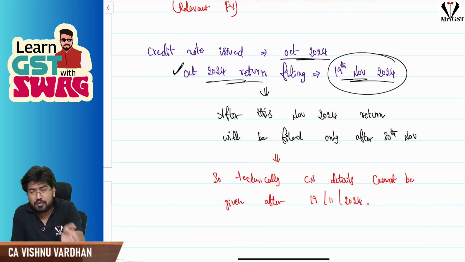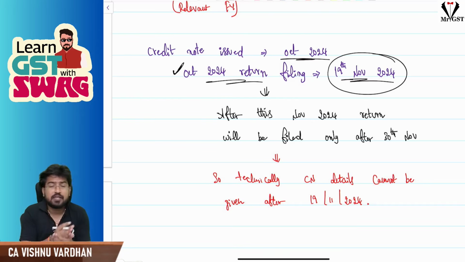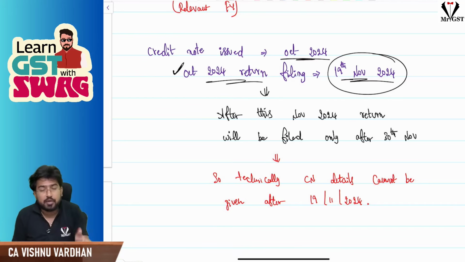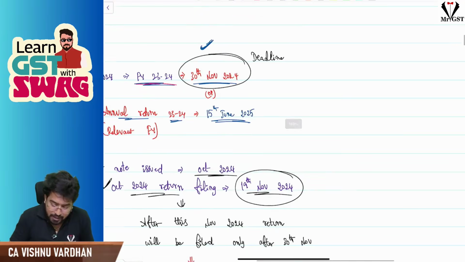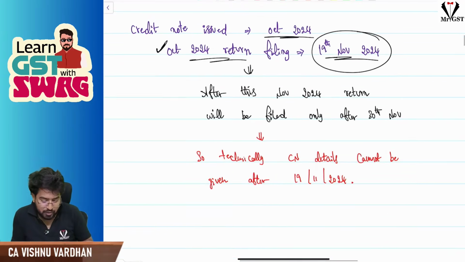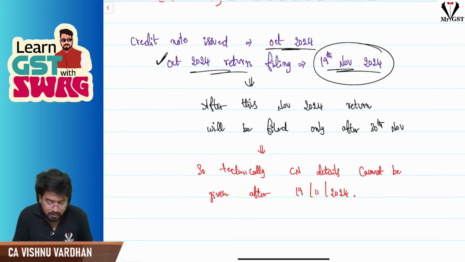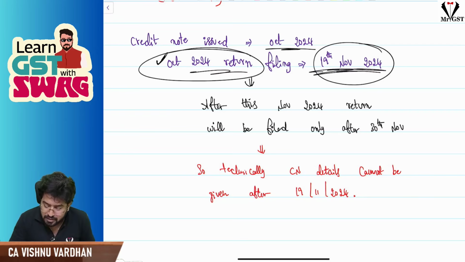November month return you will file only after 30th November. That means, technically speaking, in the November month return you cannot give this credit note detail, because you will file the November month return only in the month of December. By that time, this deadline would have been over. So if at all you have to give the credit note details, you should have given it only in the October month return, which you filed on 19th November.